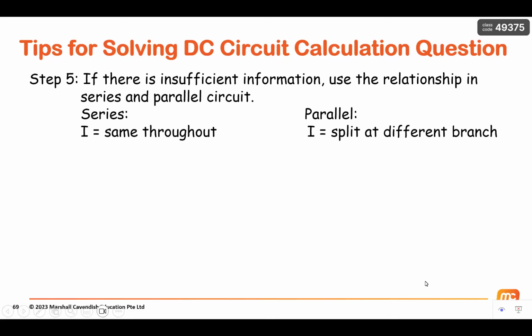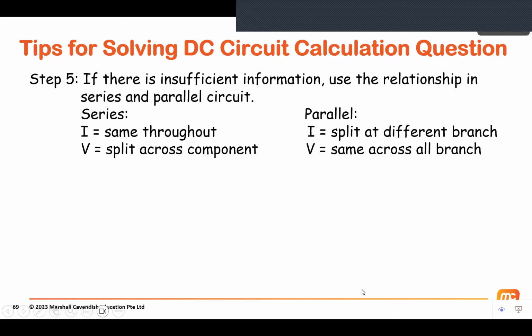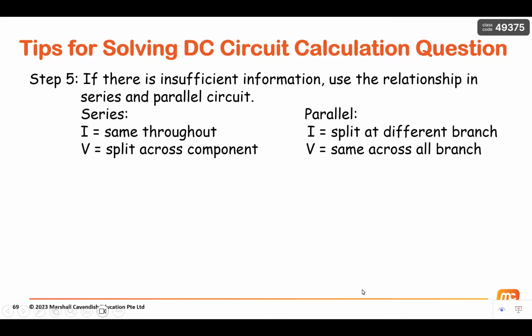The first one, the current is the same in a series, but current will split up in a parallel circuit. The next one, voltage will be the opposite of current. In a series, the voltage will be split up across the components, but in parallel, the voltage will be the same across all the branches. Lastly, for resistance in series, you just add them up, R1 plus R2, to get the total resistance.